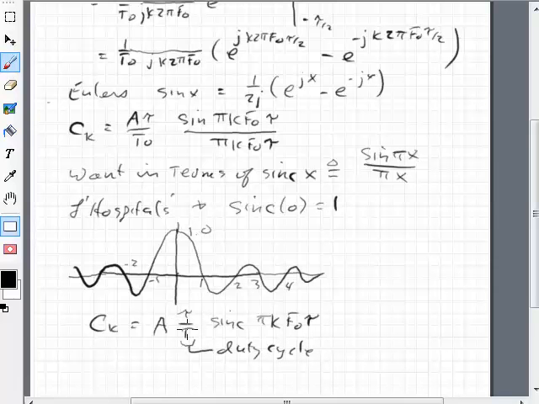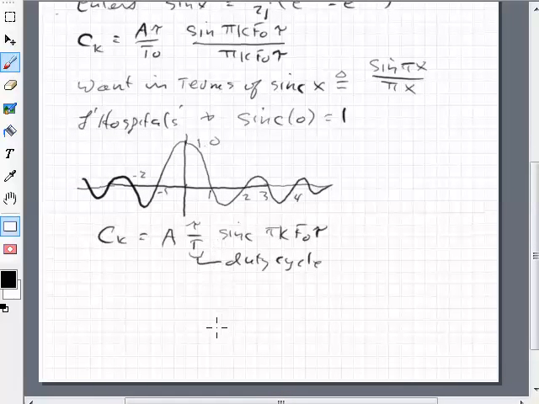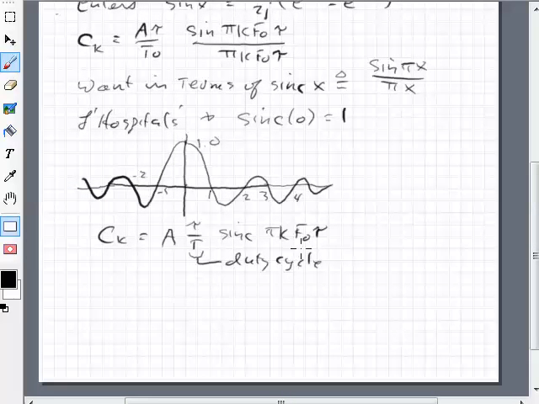So the smaller the duty cycle, the smaller the sinc function is. This is just the envelope, by the way. Remember, ck just shows where the spectral lines are, and they're going to follow a sinc function shape. We see kf0. kf0 is the kth harmonic frequency.